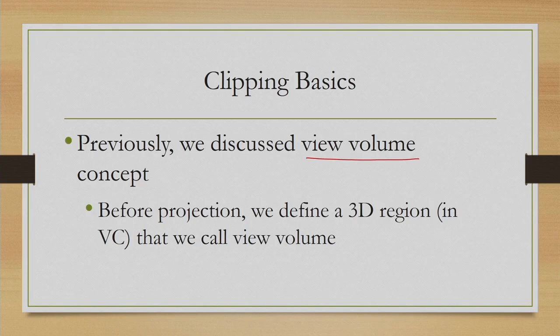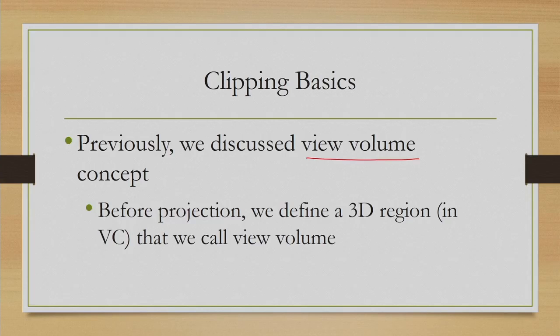We first perform view transformation to transfer the content from world coordinate system to view coordinate system. Then we perform projection transformation to project the 3D view coordinate description of the scene to a 2D view plane description, and finally we perform window to viewport mapping.